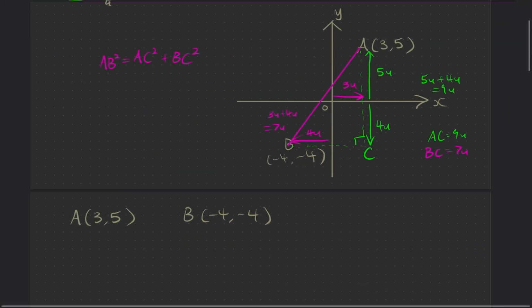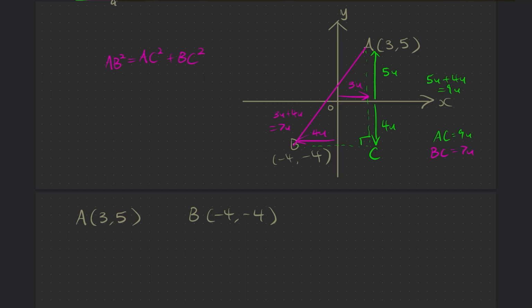So now we can actually substitute in our values. So AB square actually equals to 9 square plus 7 square. So therefore, AB equals to square root of 9 square plus 7 square. So if we write that down, we'd actually get 11.40175.